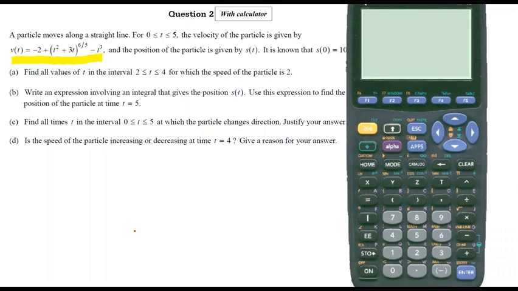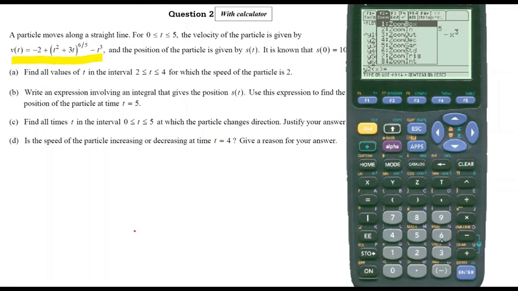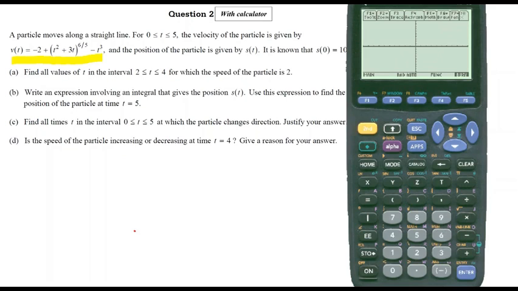Let's get our calculator visible here. So I've already put the function into the Y editor, and if I did zoom standard, F6, to get a first view, if you're never sure of windows, we know we want x's to go from 0 to 5, but what do we want the y coordinates to go to?